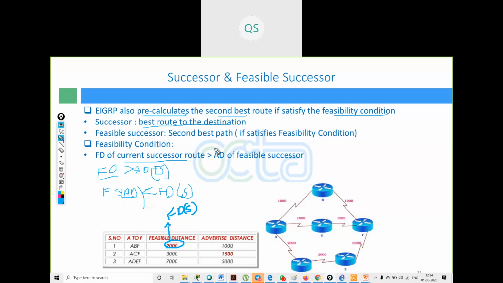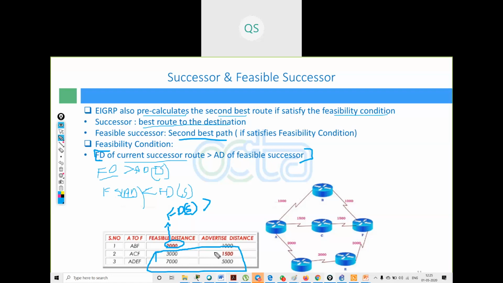Now, if I want the second best path, then this is my feasibility condition. The feasible successor's AD, advertised distance, should be less than the feasible distance value of the successor. I have two remaining paths, and I will select the feasible successor from these two.